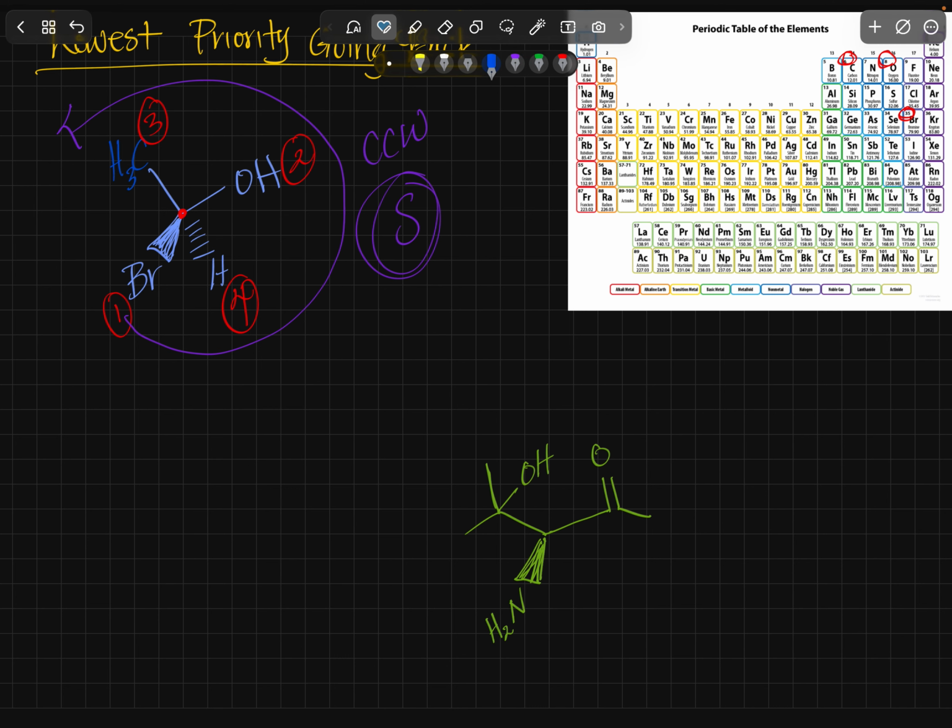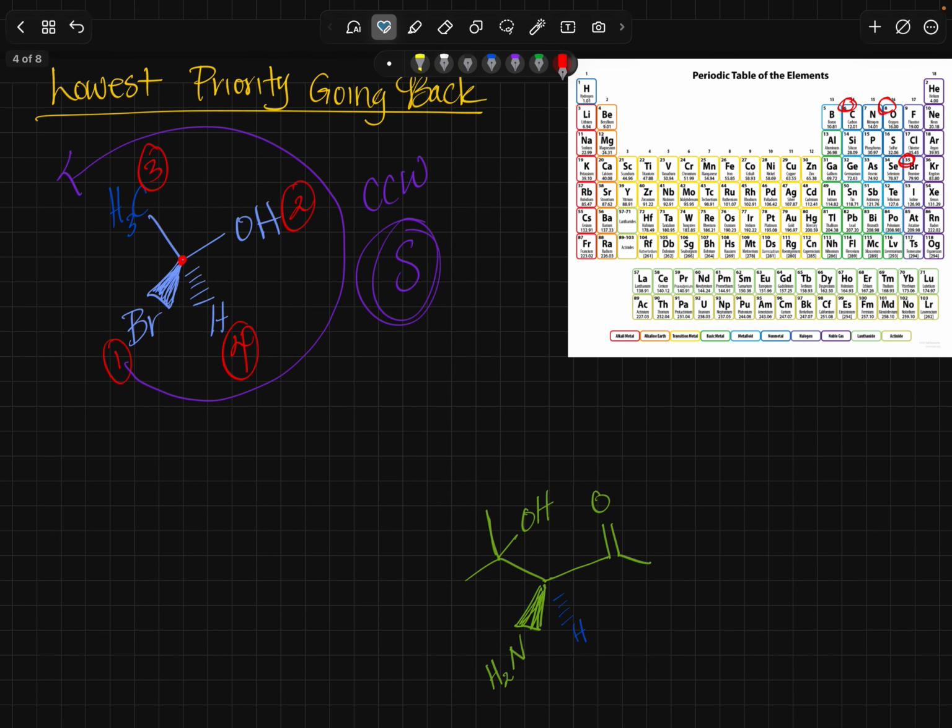You should know that there's a hydrogen attached here. It's a dashed line because we have a wedge on it, so that means the only available one is the dash. We're going to assign priority.